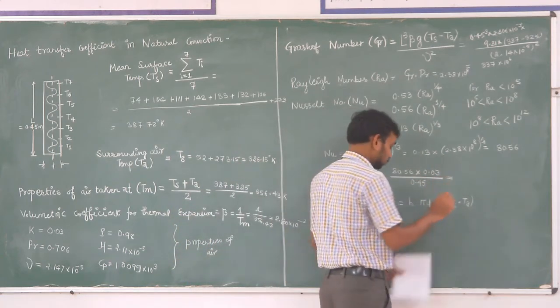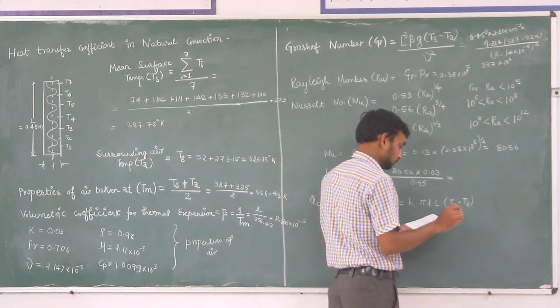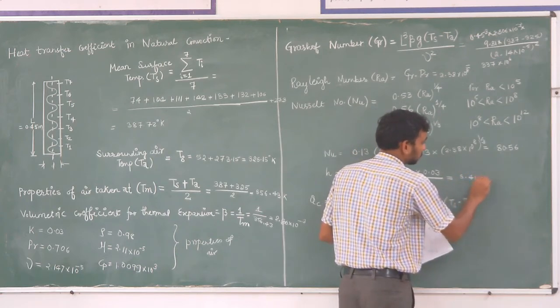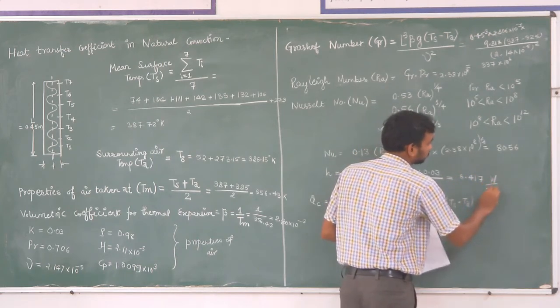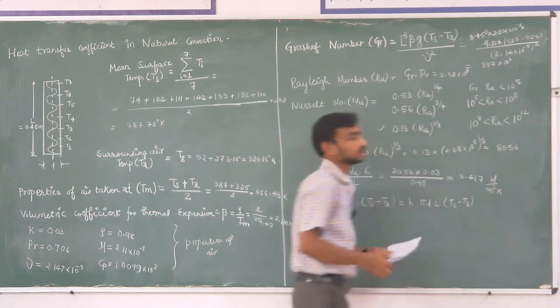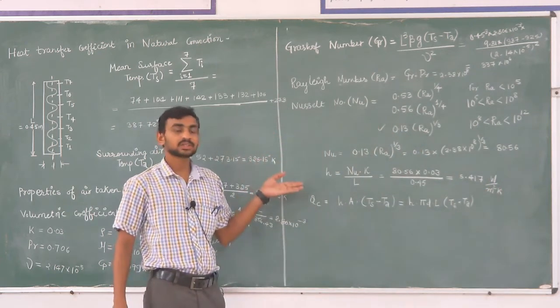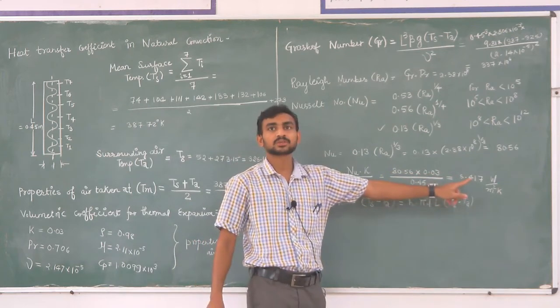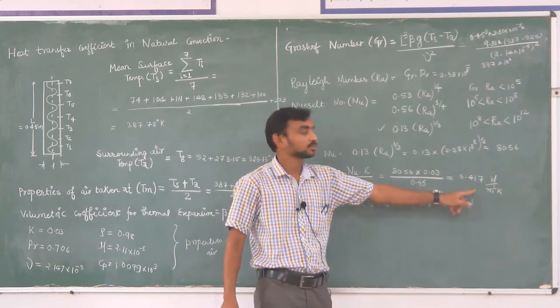So, the heat transfer coefficient comes out to be 5.417 watt per meter square Kelvin. So, for the present case, the heat transfer coefficient is approximately 5.417 watt per meter square Kelvin.